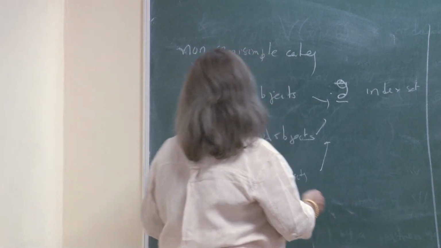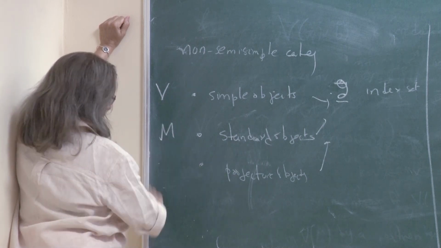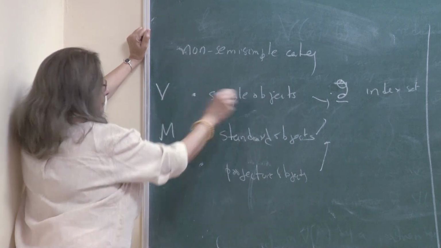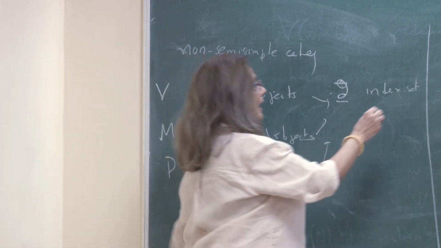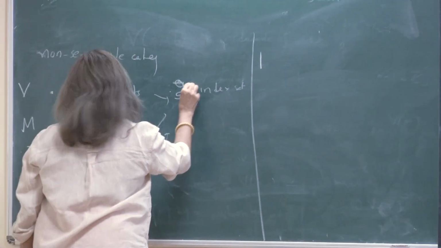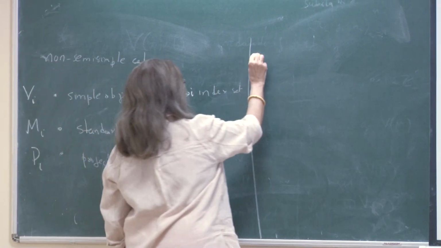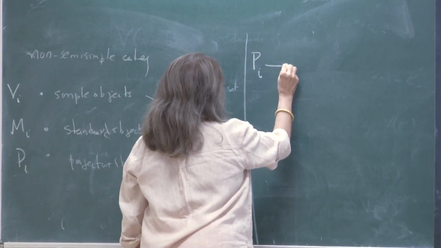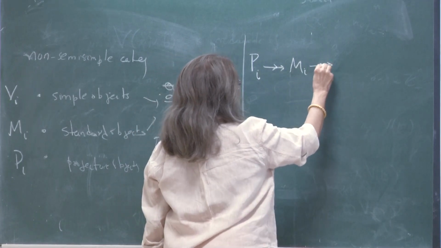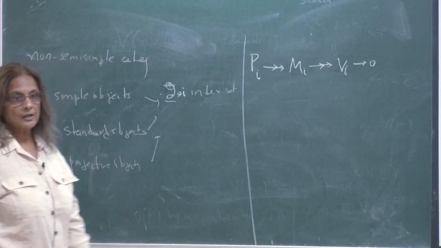So if you call the simple objects V, the standard objects M, and the projective objects P, associated with some particular index, let's say you take an element i, so let's call these Vi, Mi, and Pi. Then you have a sequence of surjective maps, Pi onto Mi onto Vi.